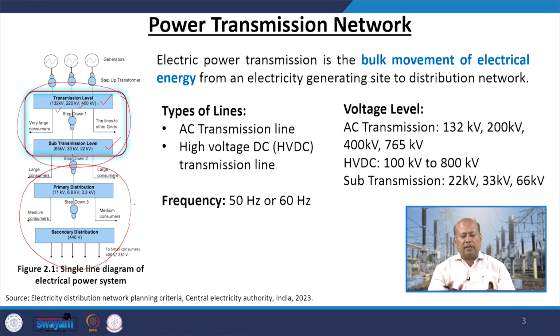Now, let us try to understand what exactly happens in case of transmission network. Electric power transmission is the bulk movement of electrical energy from an electricity generating site to a distribution network. So, as you know, we have generation, transmission system, distribution system and consumer. The role of the transmission system is to evacuate the energy from the generating system and put it in the distribution system.